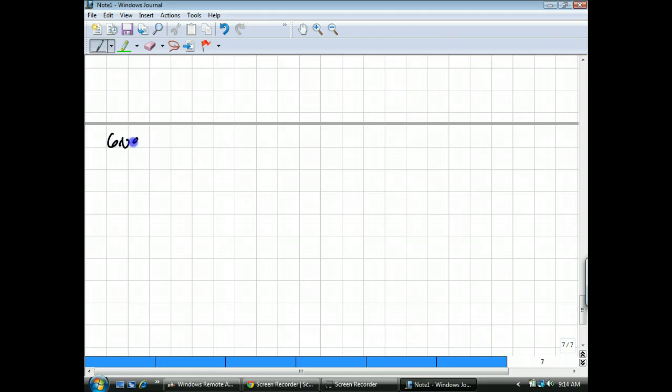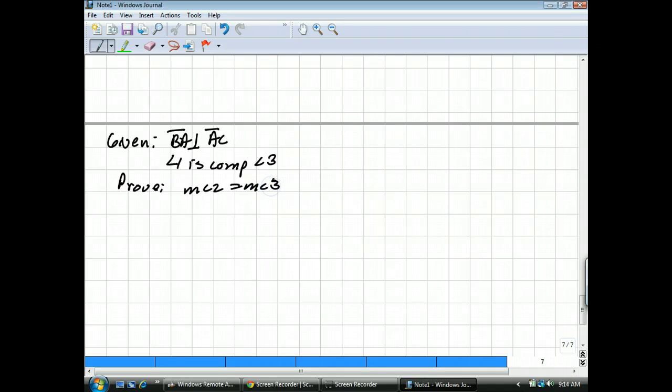Given that segment BA is perpendicular to segment AC, and angle 1 is complementary to angle 3. Prove that measure of angle 2 equals measure of angle 3.